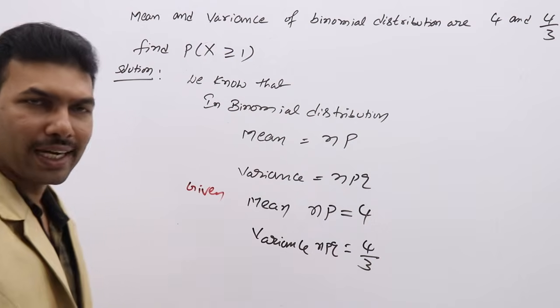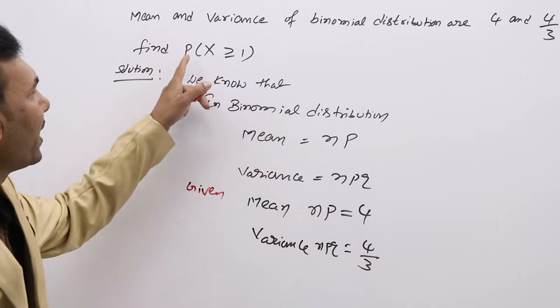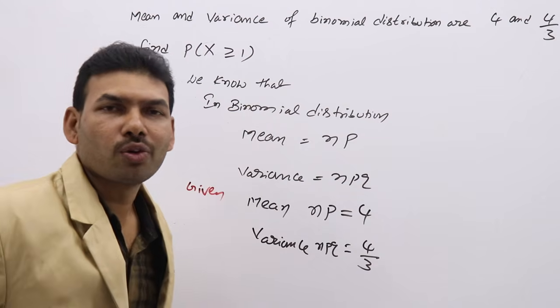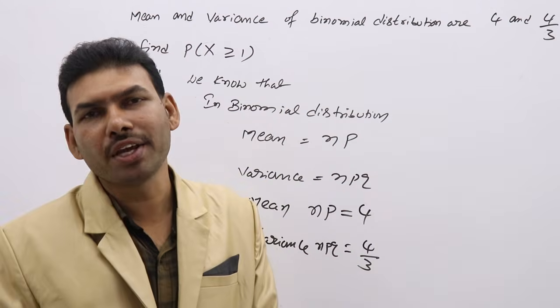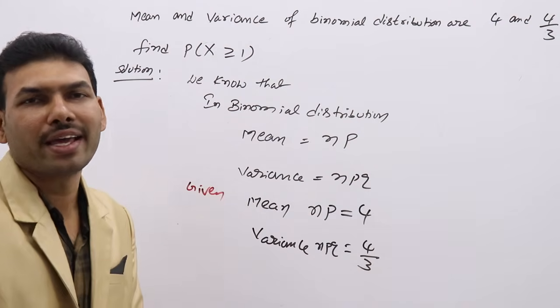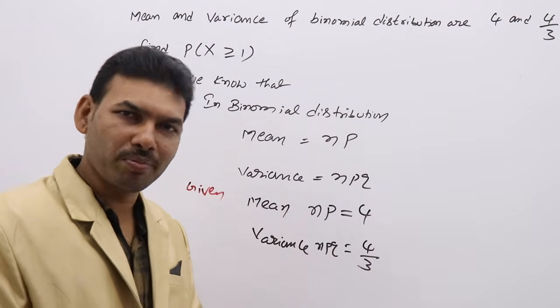Now we need to calculate P and Q so that we can calculate probabilities. To find probabilities in binomial distribution, we use the probability of r successes formula, nCr P power r Q power n minus r.